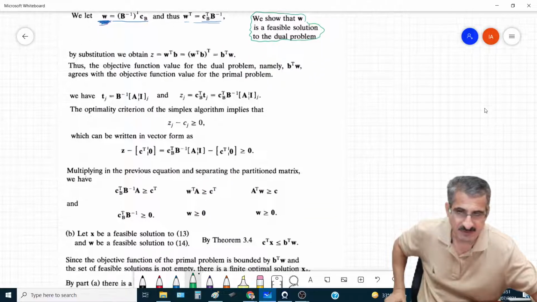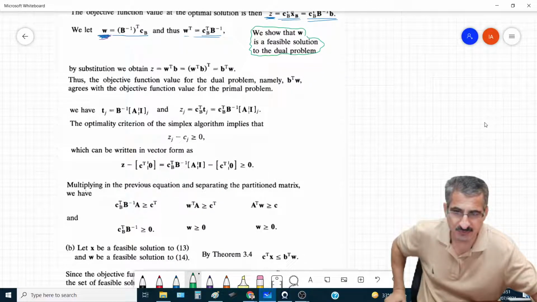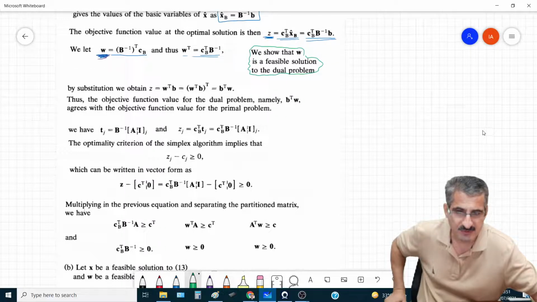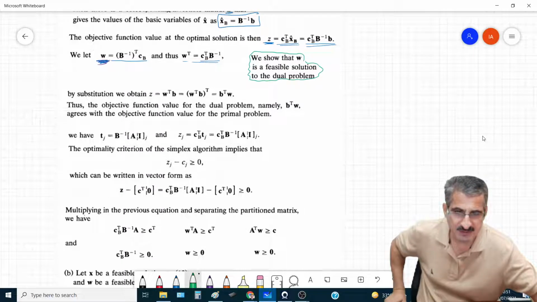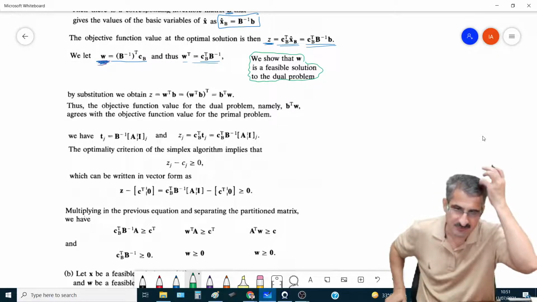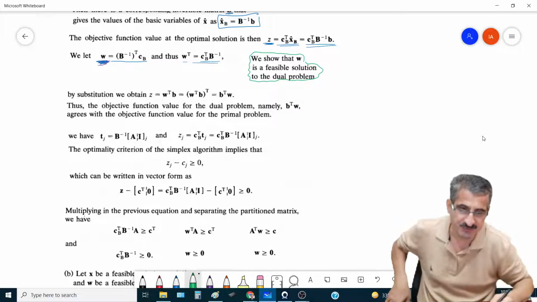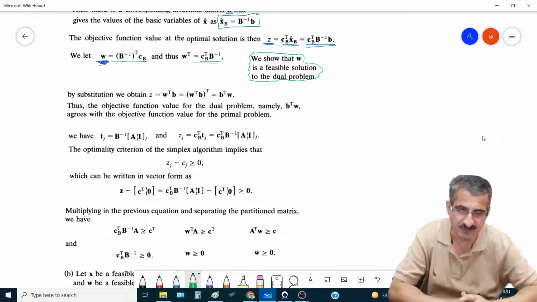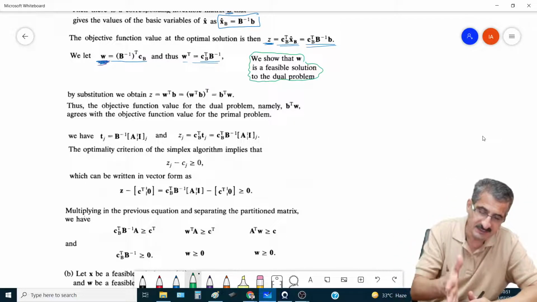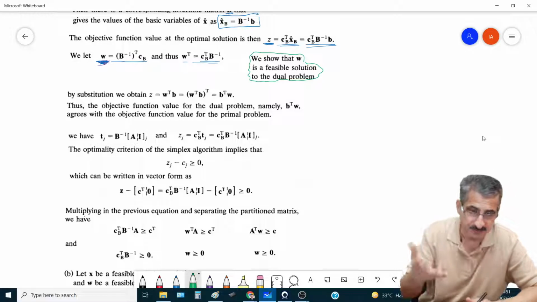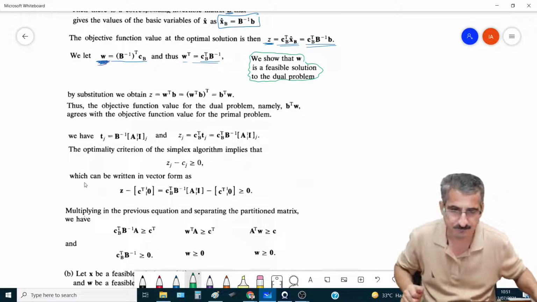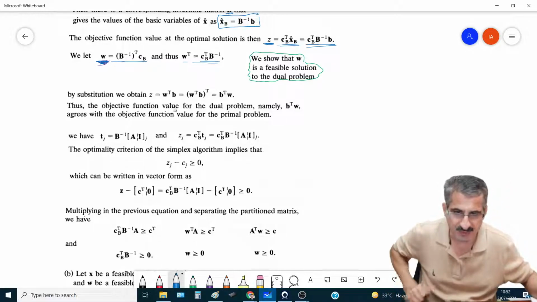Okay, let's keep going. Now by substitution we get, substitute where? Z equals W transpose b, which is that, and which is this. Now you know these are numbers, so as I presented above there, W transpose b is the same as b transpose W. It is a number, right? Okay, so we can do this.